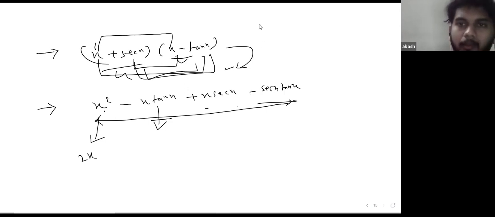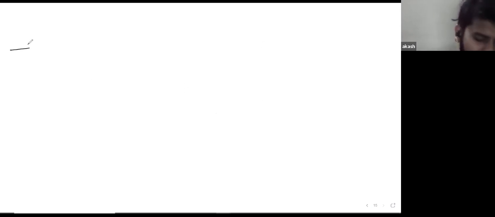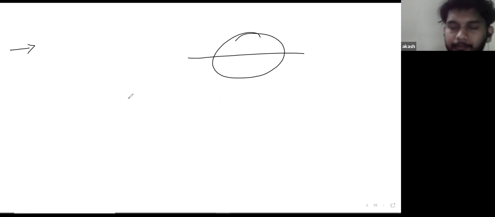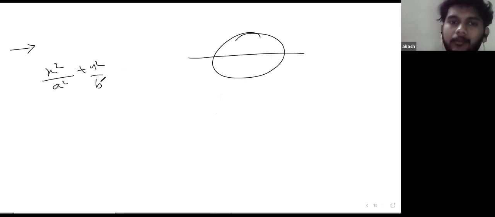What is the equation of ellipse where the major axis is on the x-axis? What is the equation, Rahman? x square by a square plus y square by b square equals 1. I think this is a class question.